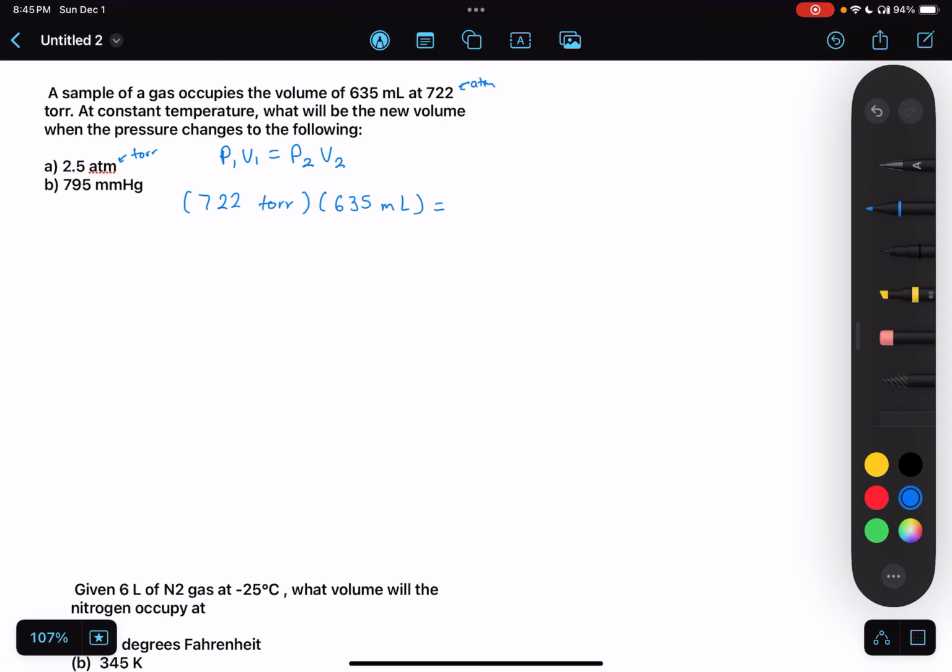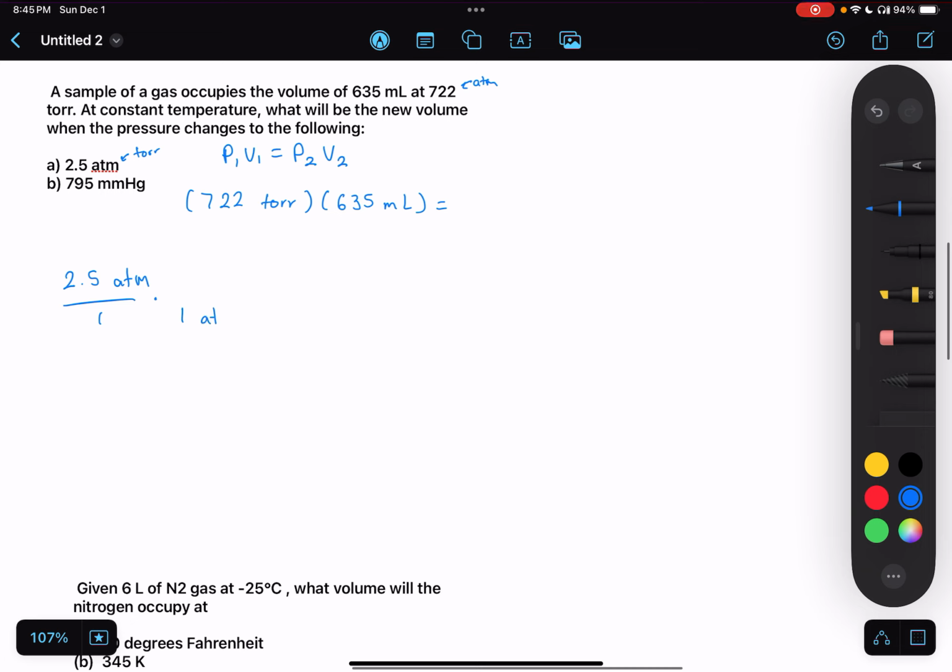But let's do 2.5 atmospheres into torr. So 2.5 atmosphere. Well, for 1 atmosphere that I've got, I have 760 torr. So here atmospheres cancel out.